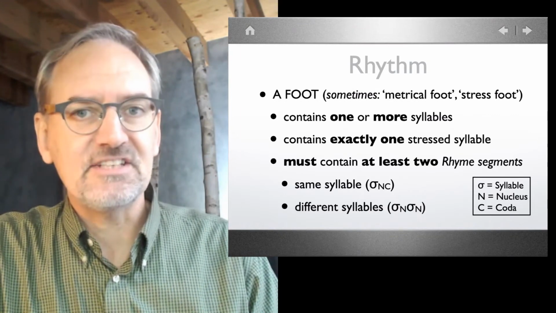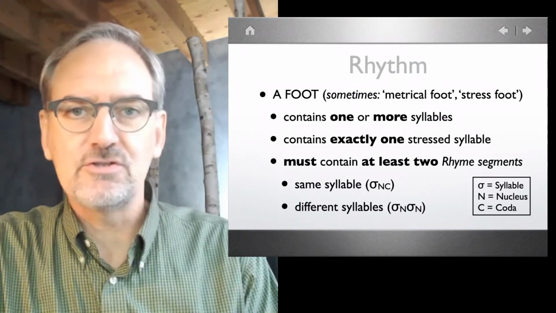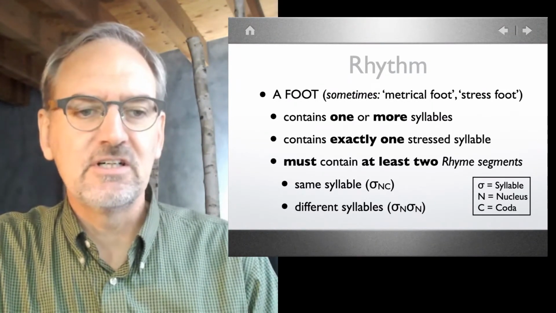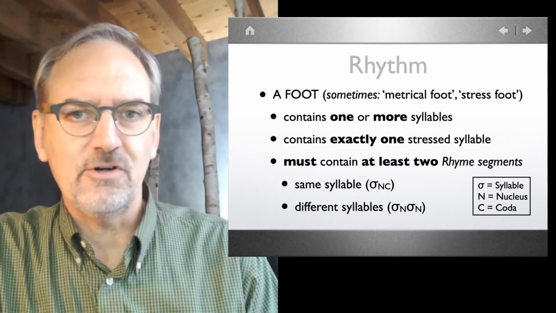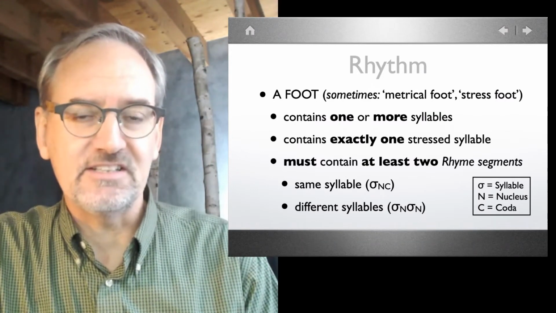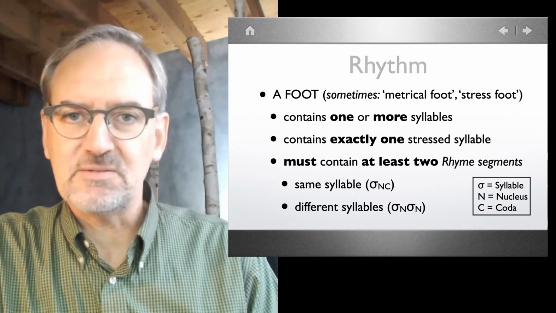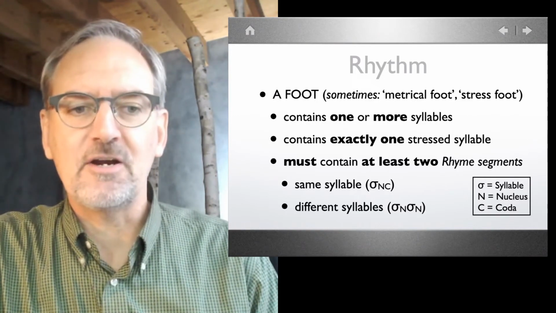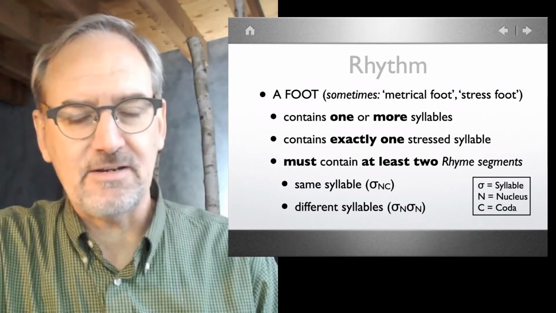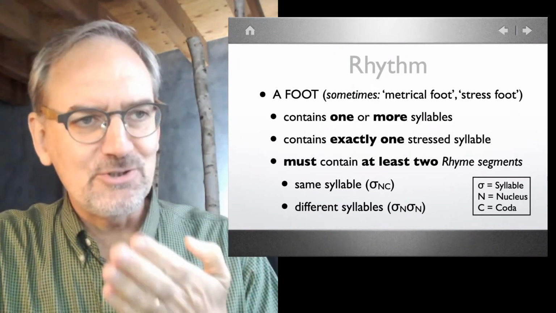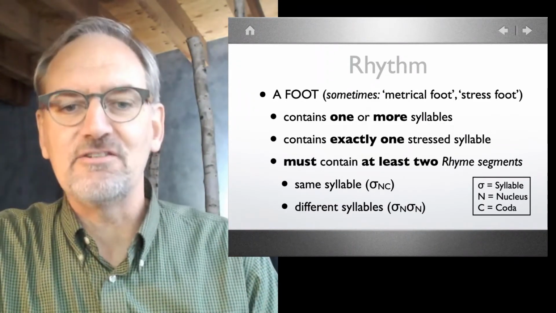So a bisyllabic foot with two light syllables, or a monosyllabic foot where that syllable is a heavy syllable. Both of these meet this minimum requirement that there be two segments in the rhyme. Two rhyme segments within the foot.